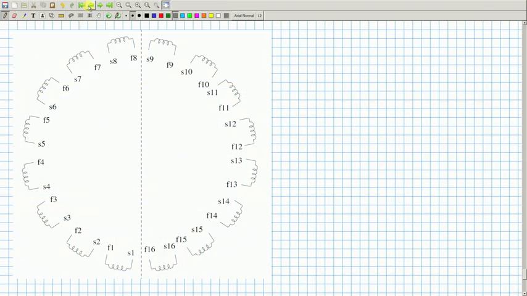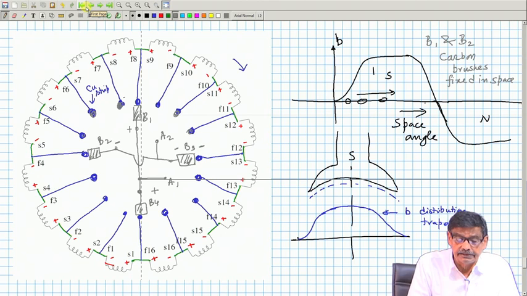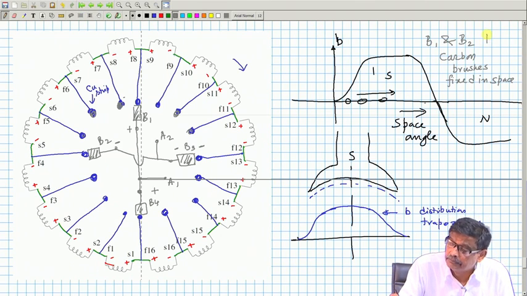You recall that to convert it to DC, we have to do these things, that is, spatial distribution of polarities of induced voltage existing across each coil. We have taken 16 coils for convenience to explain the thing, and assumed the stator poles to be 4, mind you, P is equal to 4.